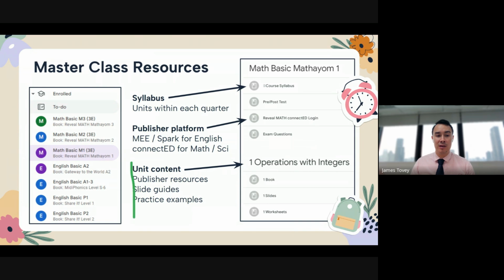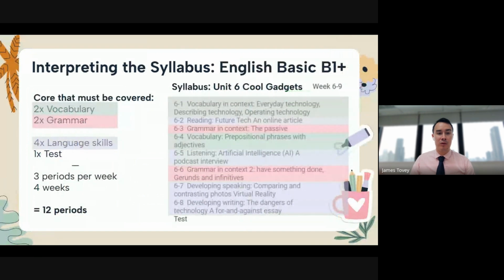So that's your unit content: resources from the publisher, some slide guides, which we'll talk a little more about, and some examples. Each masterclass may look a little bit different, but generally you're going to have a syllabus and some content to teach. So that's where we find our syllabus, so let's open up that first.